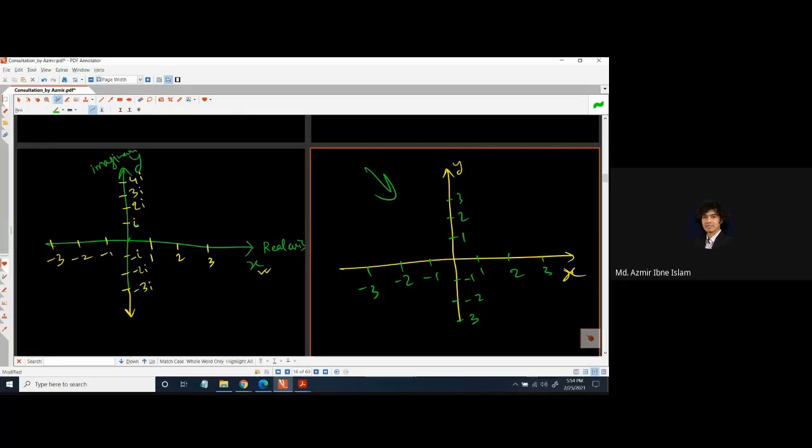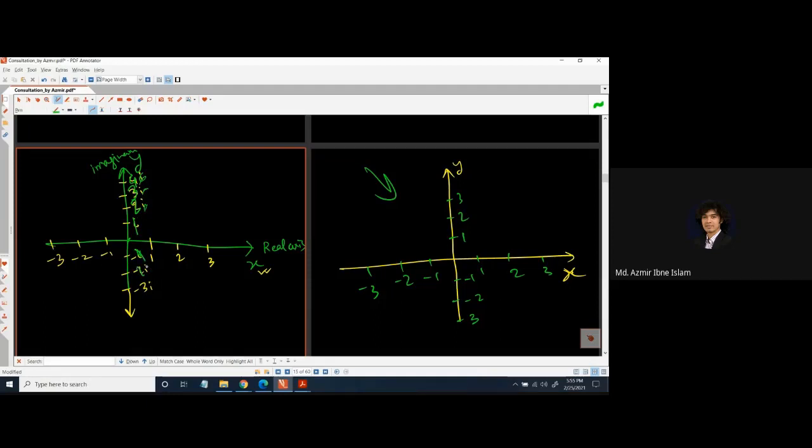So i, 2i, 3i, 4i on the y-axis in the upward portion, and in the downward portion we have -i, -2i, -3i. Writing i every time is cumbersome. So at this moment, we can think that we have just 1, 2, 3, 4, and invisibly we have i always.